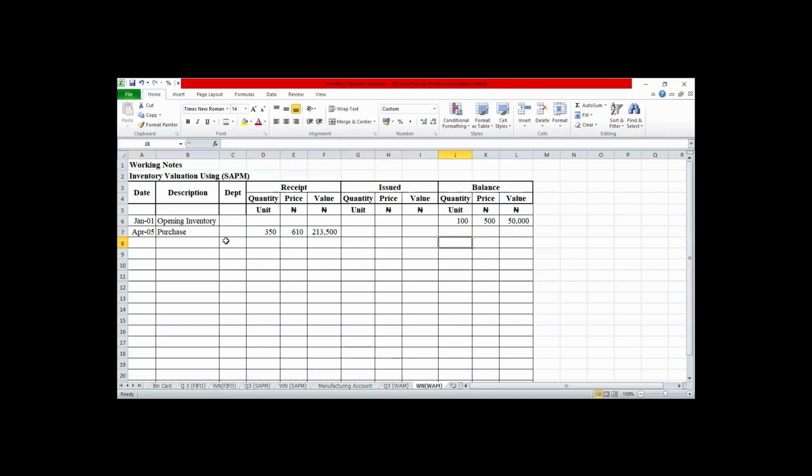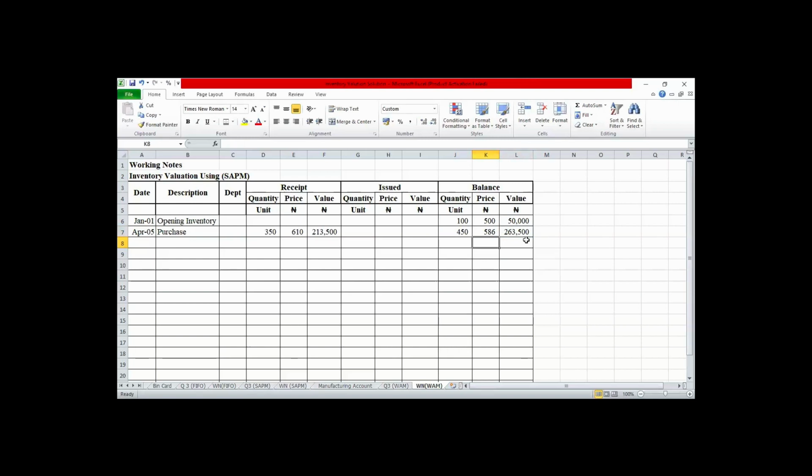Then we now add the old quantity plus the new quantity. What do we have? 450. We also do the same thing for the value as usual. Is it correct? Yes, sir. How do we now get the weighted average? We will now divide the value by the quantity. 263,500 divided by 450. We have what? 586.